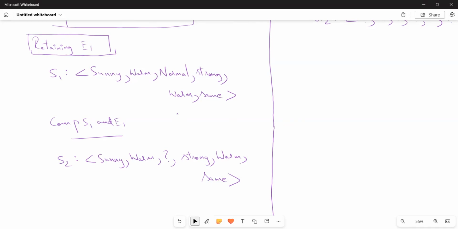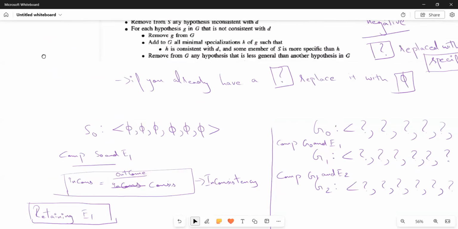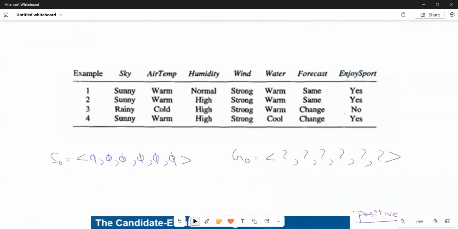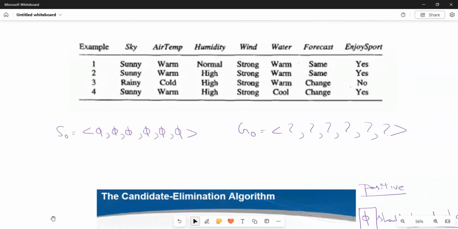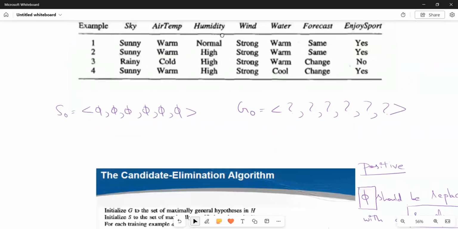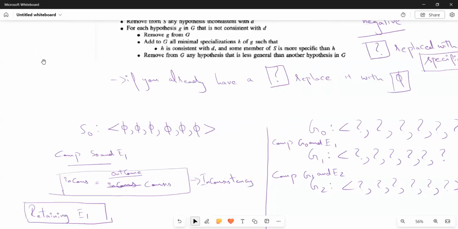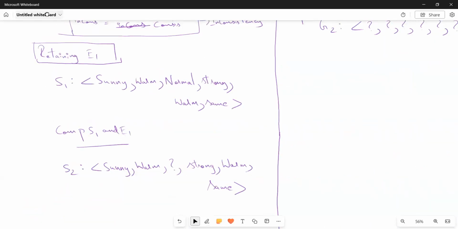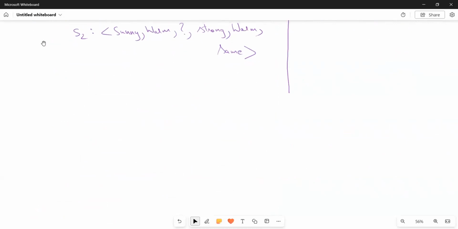Coming to your E3, we have done E1 and E2, and for E3 we have a negative outcome. What are we supposed to do? We're supposed to go to your specific boundary, that is, compare S2 and E3.